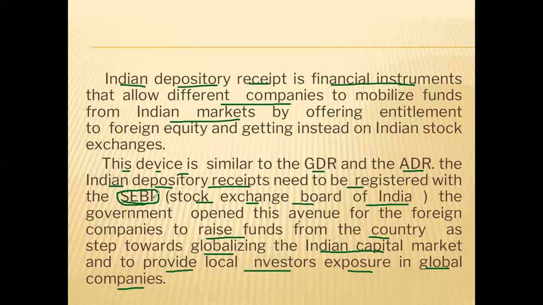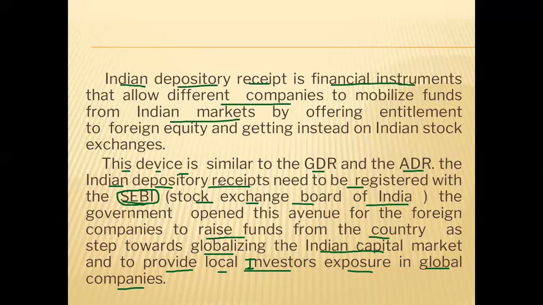So by opening this, two things have been achieved. One is that foreign companies can raise funds from the Indian market, so the Indian market has become globalized. And the second is that Indian investors, local investors, can invest in foreign companies without much difficulty.